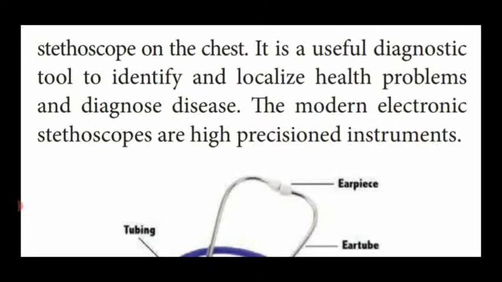It is a very useful diagnostic tool, that means instrument, to identify and localize health problems and to diagnose the disease. That means to find out what kind of problem you have in your body and also diagnose the disease with the help of the instrument or tool known as the stethoscope. Some of the modern stethoscopes are also highly precise instruments.